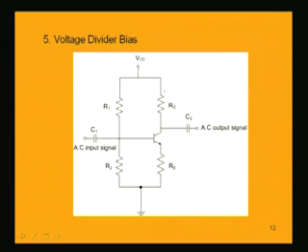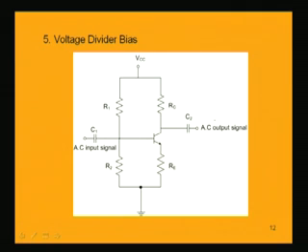Others are similar to the earlier schemes, RC and RE are there, but instead of a single RB we have R1 and R2, a potential dividing scheme. This is used for biasing, and this is the whole amplifier circuit.